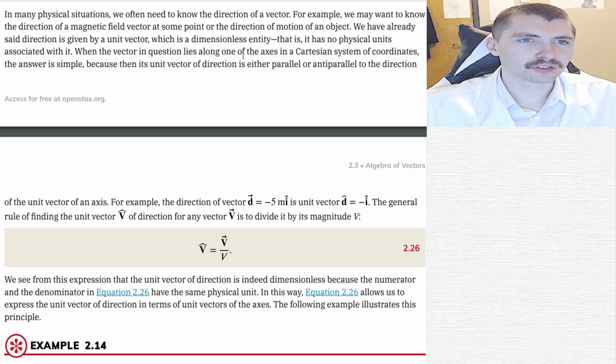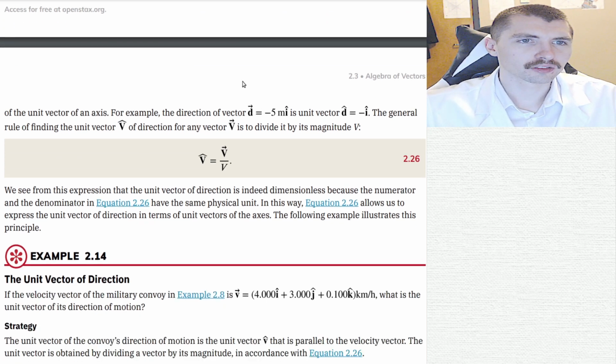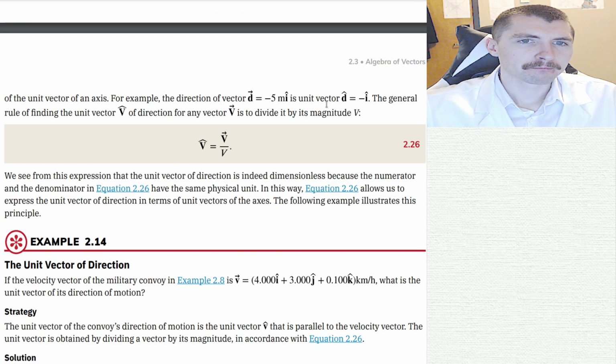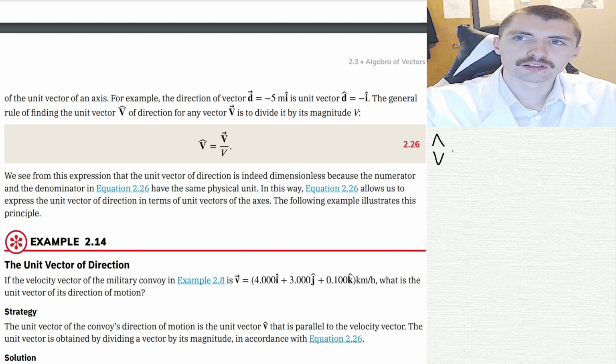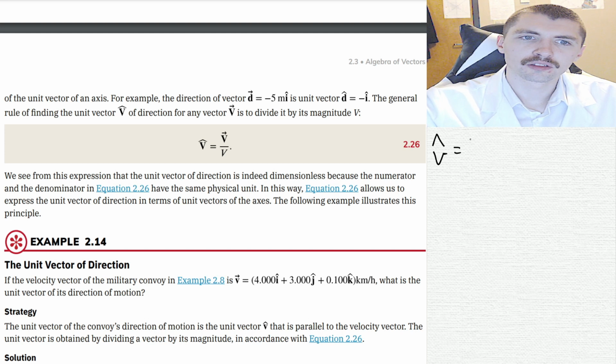When the vector in question lies along one axis, the general rule of finding the unit vector of a direction for any vector is divide by magnitude. Okay, so I've seen this before. So the unit vector of V is V over magnitude of V.